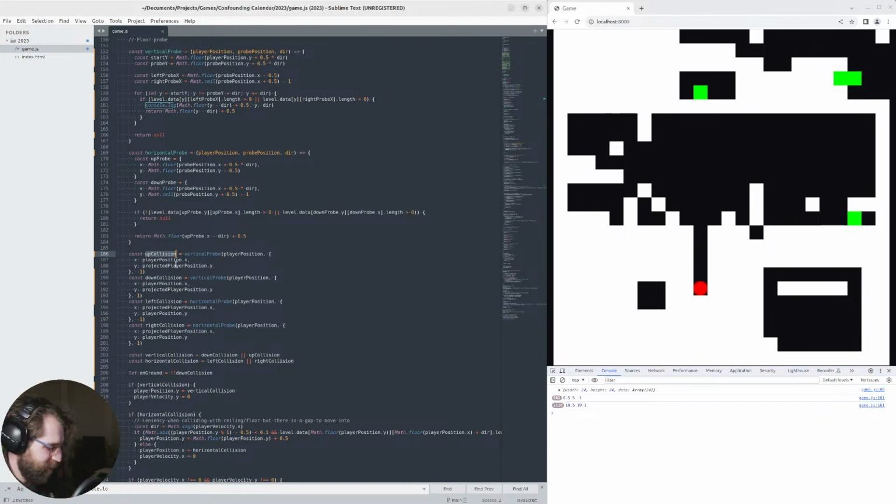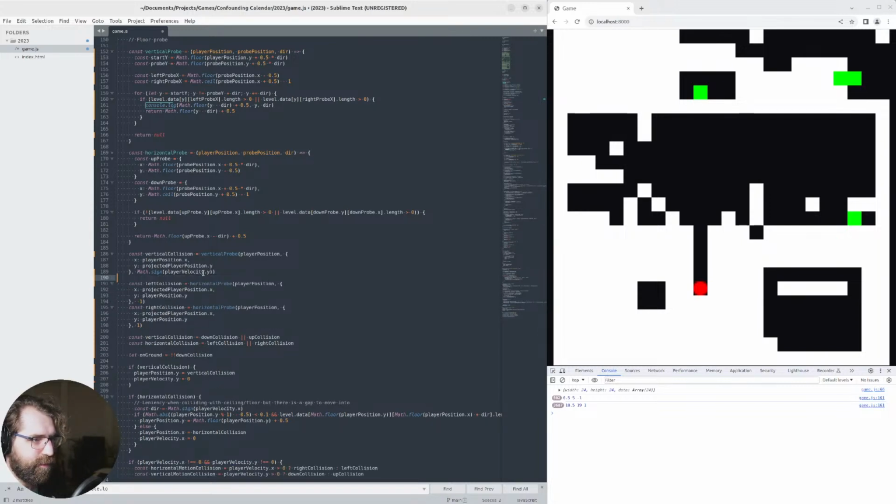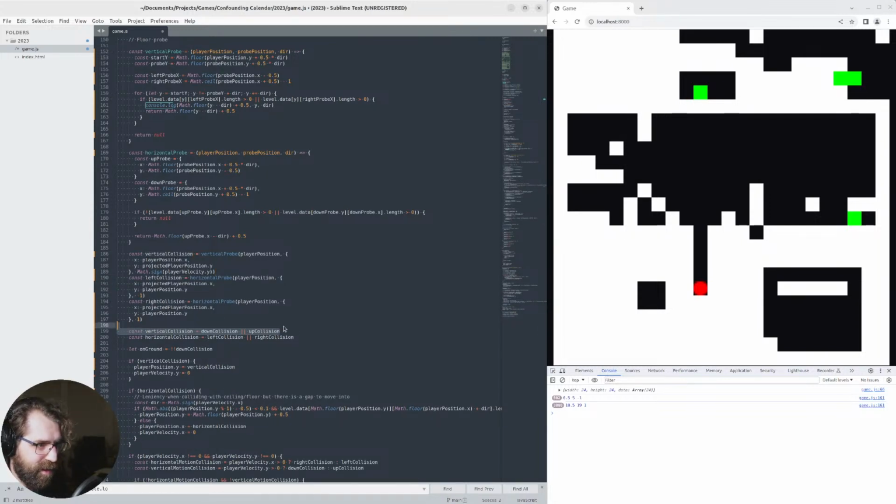So let's just do this in one direction. So this is just going to be vertical collision. It's going to depend on the direction that we're moving. Math.sign, player velocity y. Should we do the same for this? Let's just figure it out for vertical at the moment. Then we don't need that anymore.